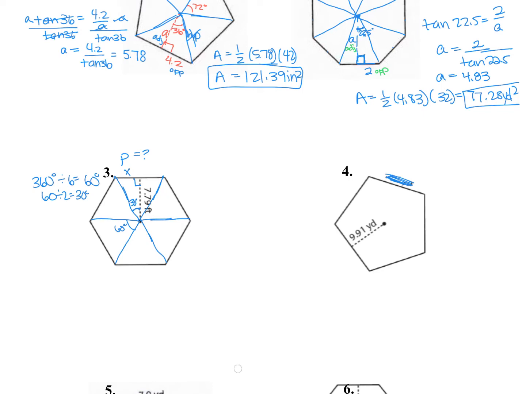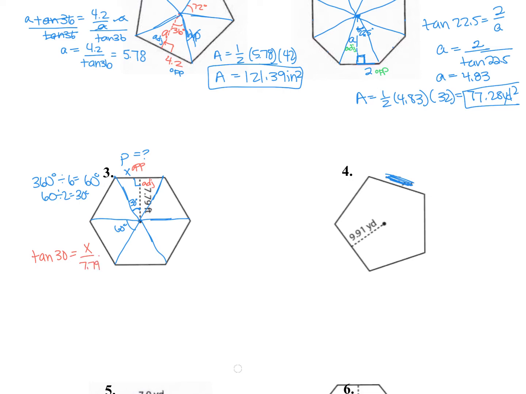So I have my side, let me grab a different color here. I have my side opposite, which is x, opposite the 30. Adjacent to the 30 is my apothem, the 7.79. So it looks like I'm going to be writing a tangent equation. Tangent of 30 equals my opposite over adjacent, 7.79.